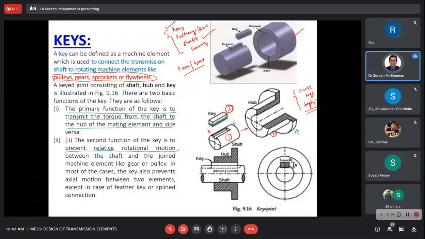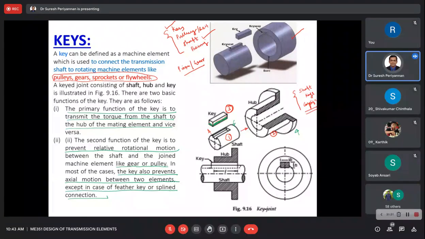Okay. The keys are used to connect machine elements like gear or pulley or flywheels, whatever. Now we are going to discuss different types of keys. Some of the keys also prevent the axial motion. The keys prevent the axial motion between the two elements, except in the case of feather and splined connections.